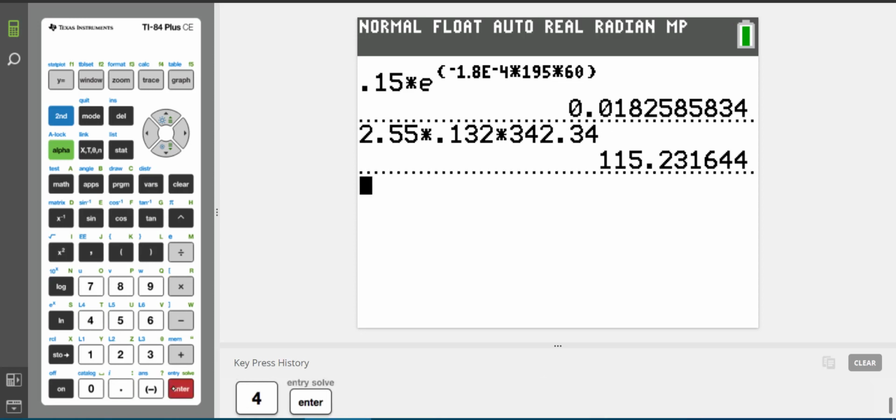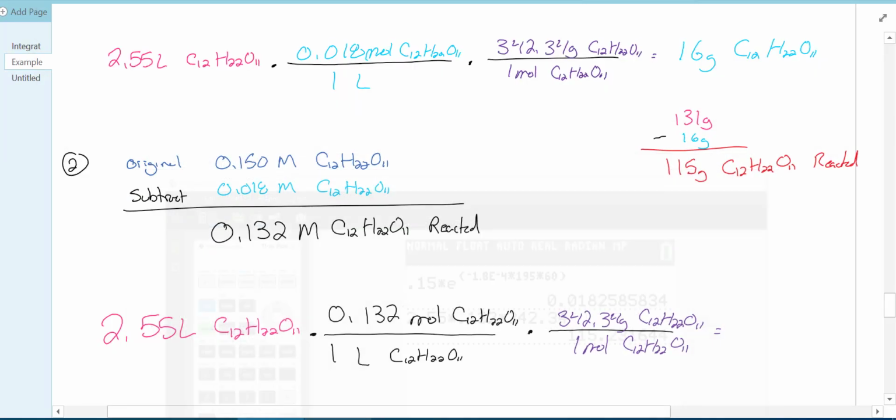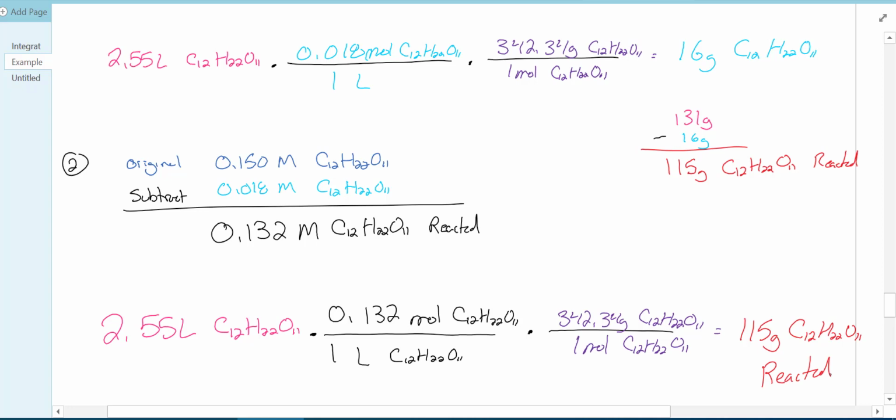And I get 115 grams of C12H22O11 reacted. And that is number 90.